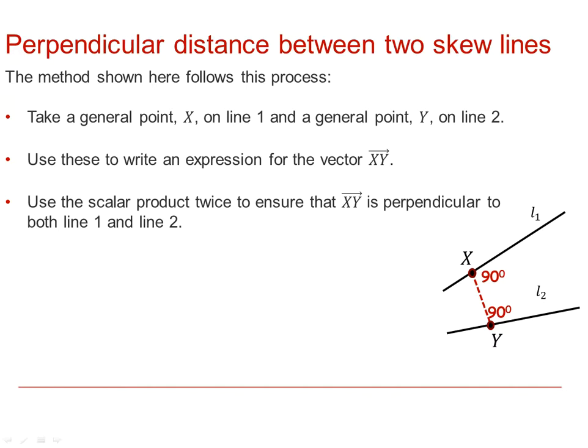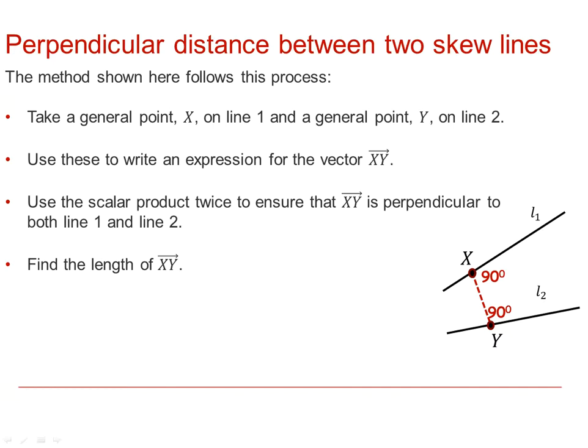That's going to give us two equations, because these dot products must both be equal to 0, so we get simultaneous equations for the two parameters lambda and mu. If we solve those, we can then substitute them into our expression for XY and find the length of that vector XY.